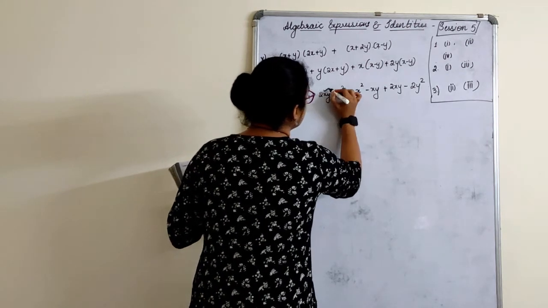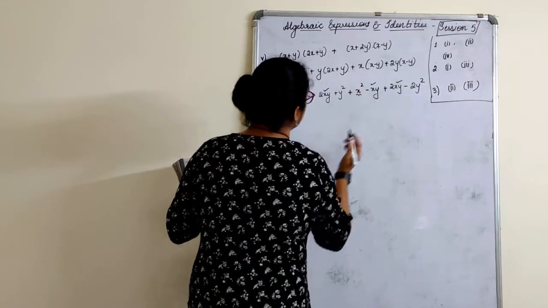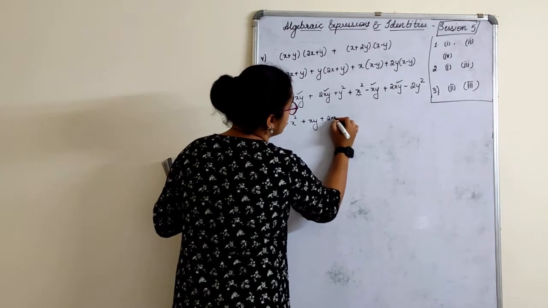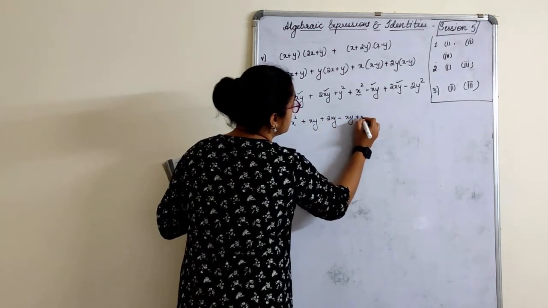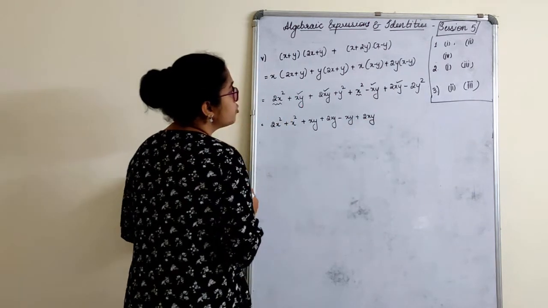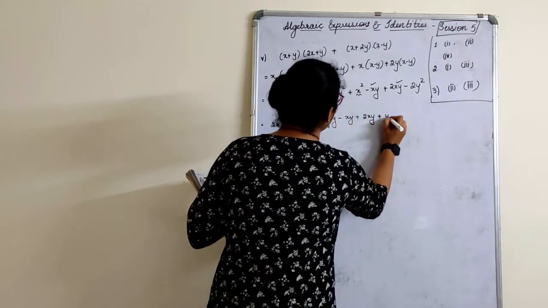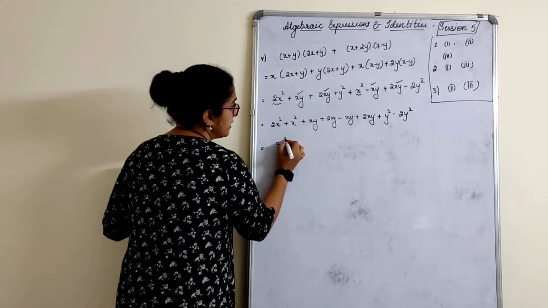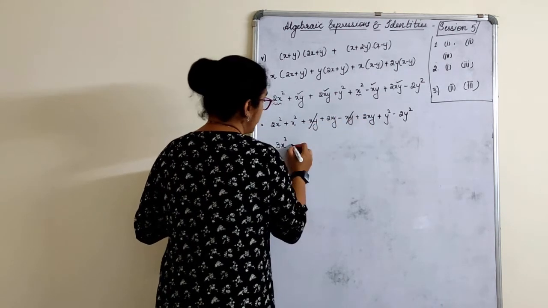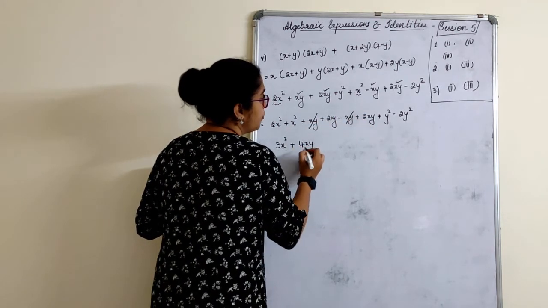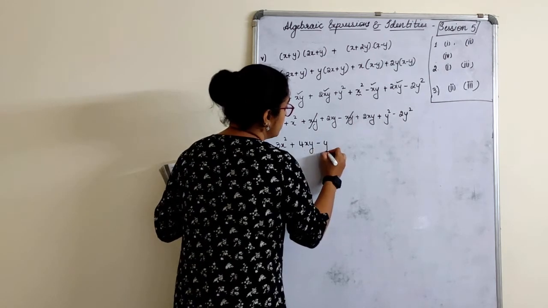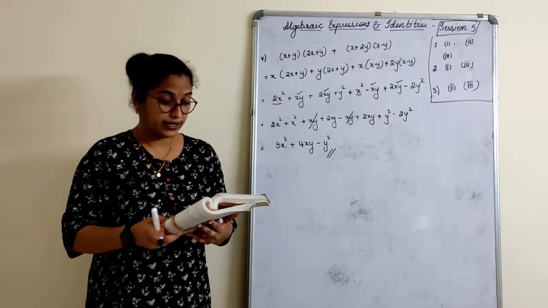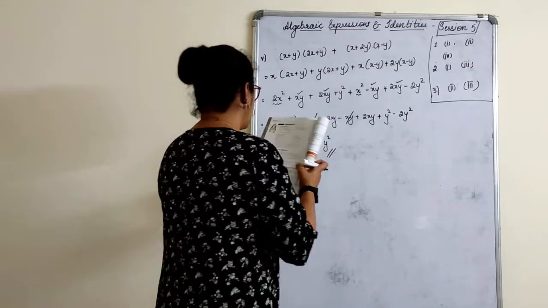We have xy: plus xy plus 2xy minus xy plus 2xy. So next what is only remaining is plus y square minus 2y square. So 3x square plus xy minus xy cancelled, plus 2 is 4xy, minus y square. 3x square plus 4xy minus y square. We'll move to the next one, children, that is the sixth one.